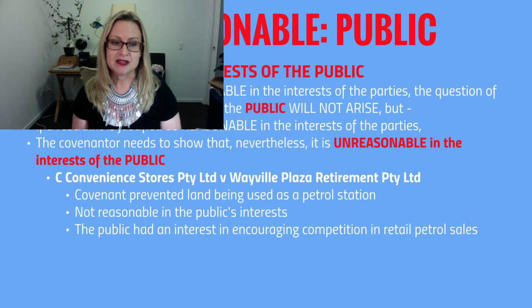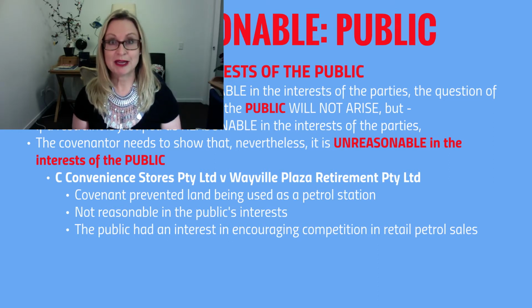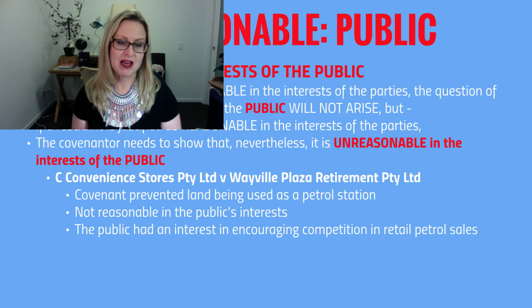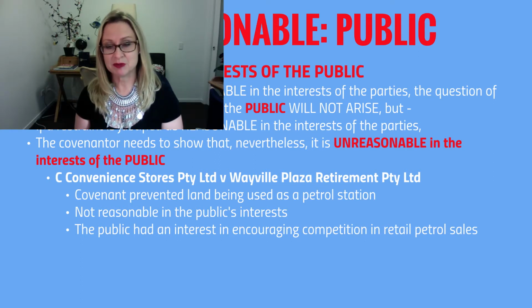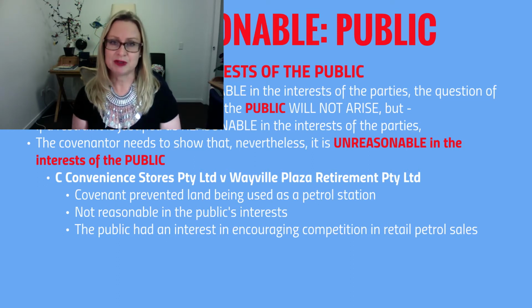And here we have the case of C Convenience Stores and Wavell Plaza from Adelaide, where I come from. Nothing magic here. The covenant prevented land being used as a petrol station. The question was, was that an unreasonable restraint of trade? It was reasonable as between the parties, but what about the public's interests?